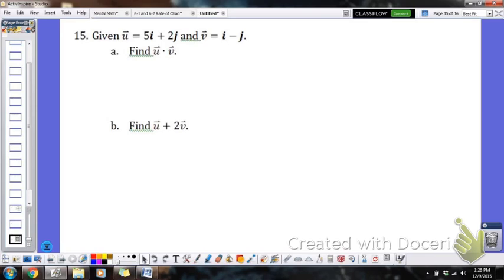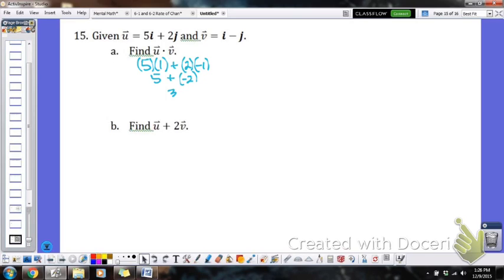So to find the dot product of u and v, I take 5 times 1 plus 2 times negative 1. 5 times 1 is 5, plus 2 times negative 1, which is negative 2. So my dot product is 3.